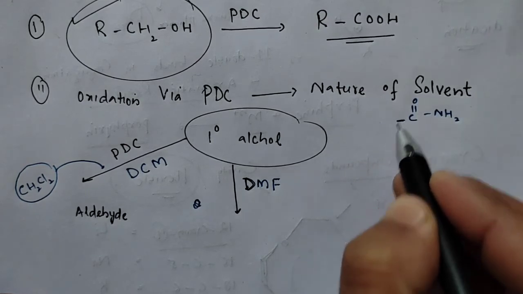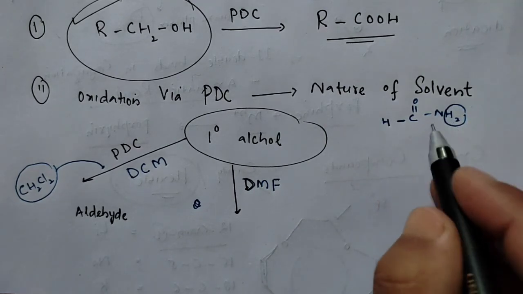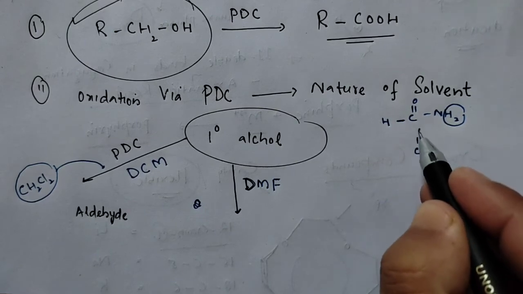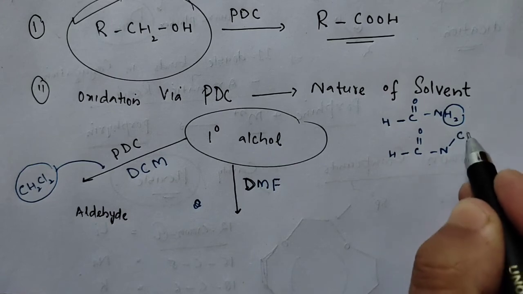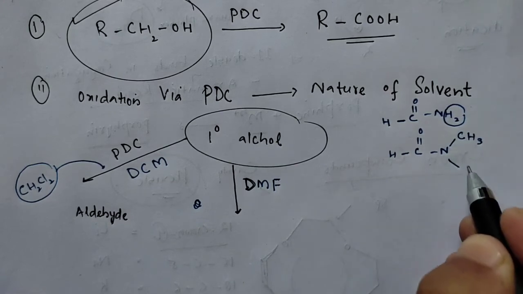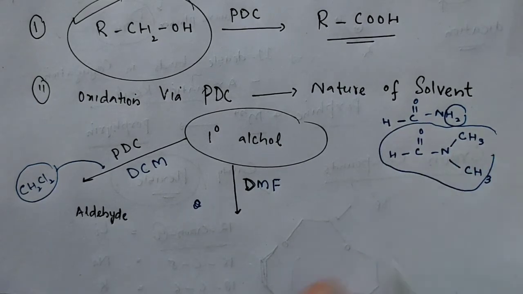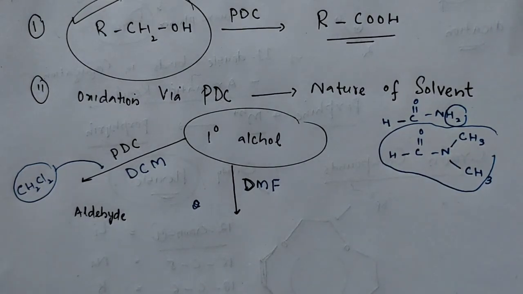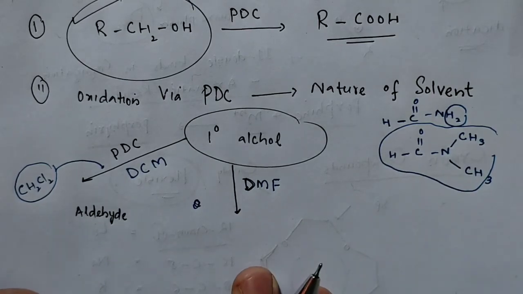If you convert this into two methyls on the nitrogen, so you have N with two methyl groups, this is your dimethyl formamide. We know an amide is formed by the combination of carbonyl compounds with amines, but here N has two methyl groups, so it's dimethyl formamide.